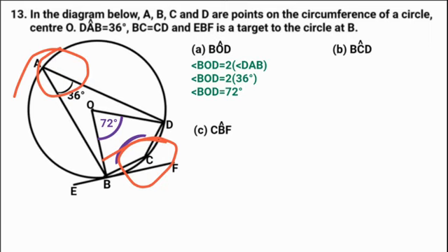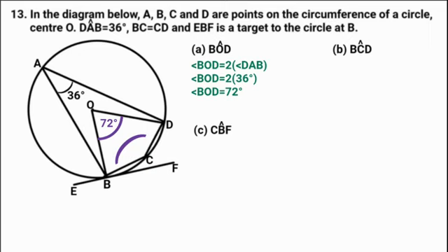So angle DAB and angle BCD are supplementary angles. They add up to 180 degrees. So we're going to use that property to find the value of that angle.